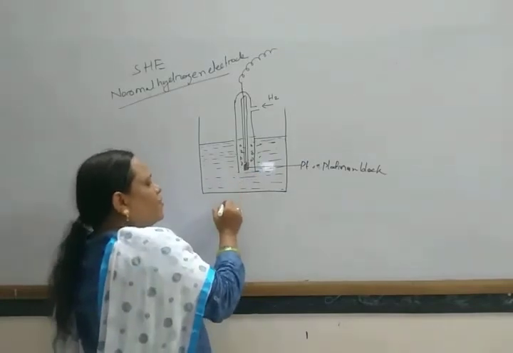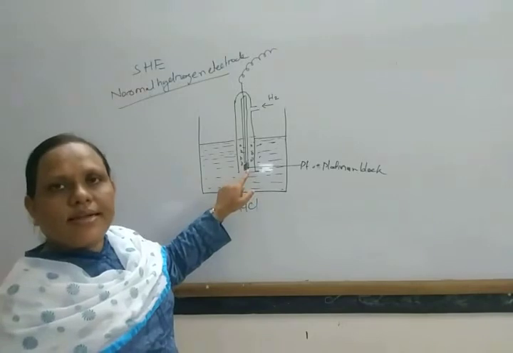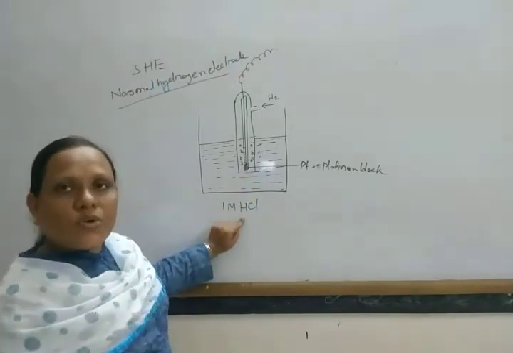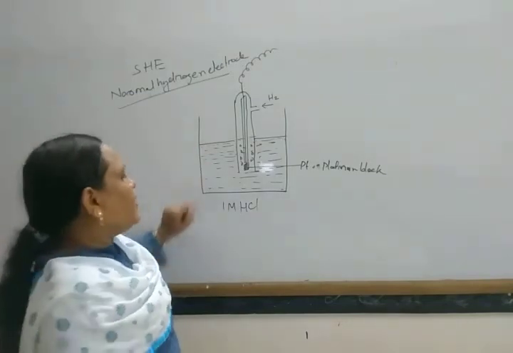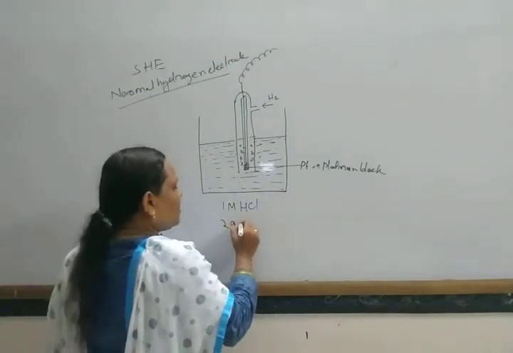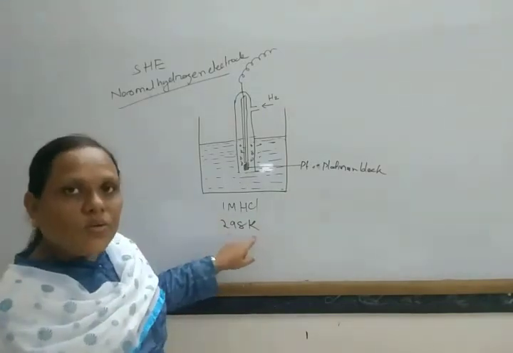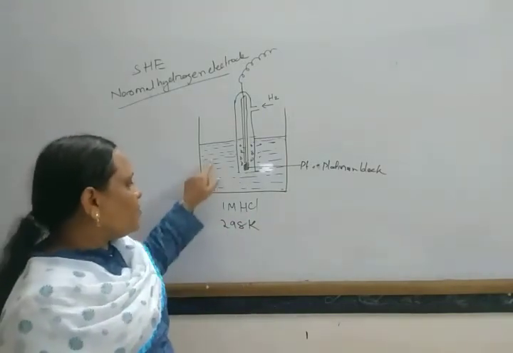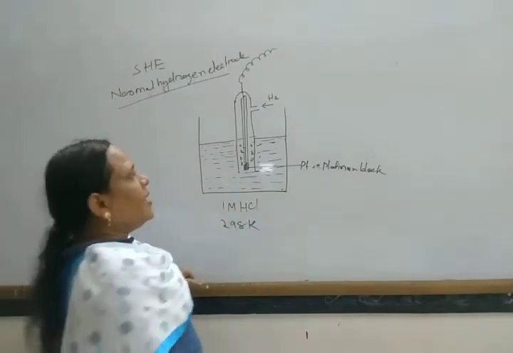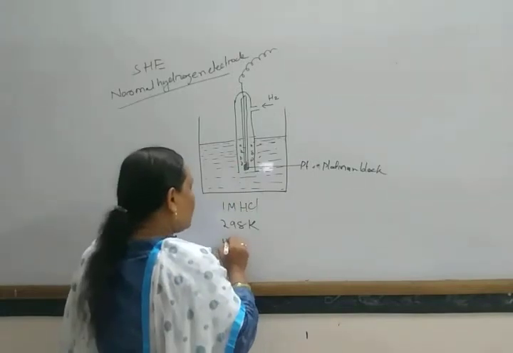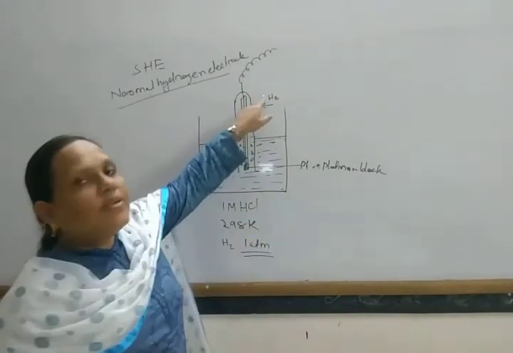Here 1 molar hydrochloric acid is taken as the electrolyte, and the temperature is maintained at 298 Kelvin. Hydrogen gas at a pressure of 1 atmosphere is bubbled through it.